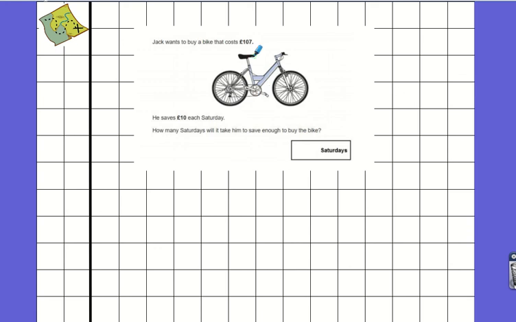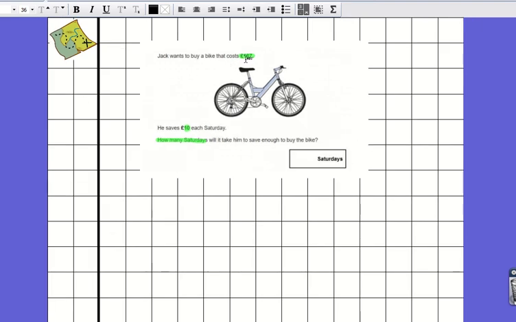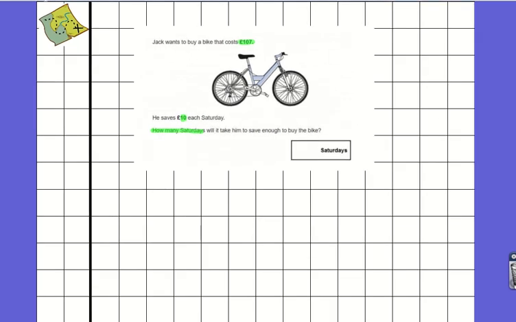Jack wants to buy a bike that costs £107. He saves £10 each Saturday. How many Saturdays will it take to buy the bike? So, there are many ways you can solve this, okay?